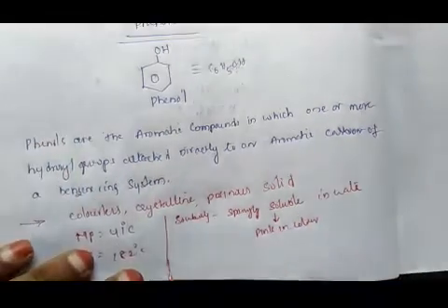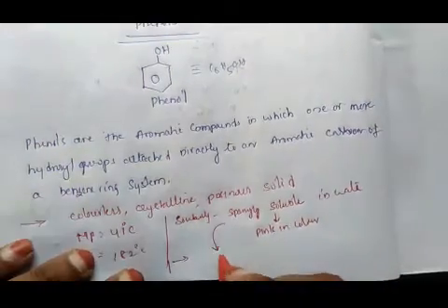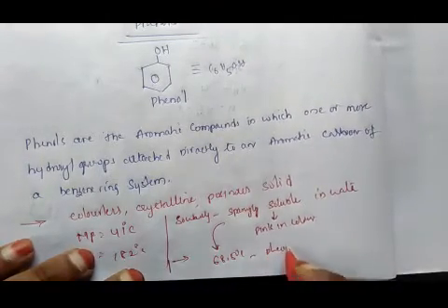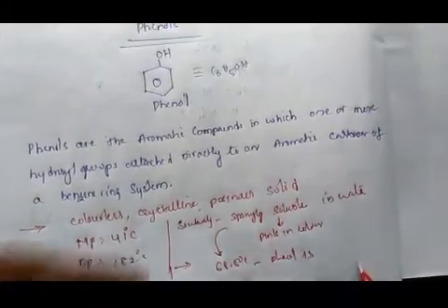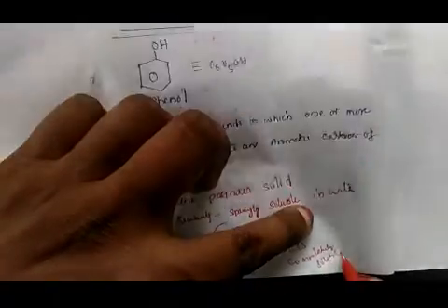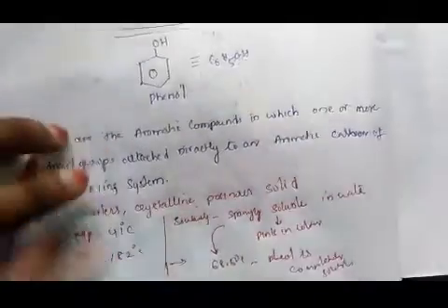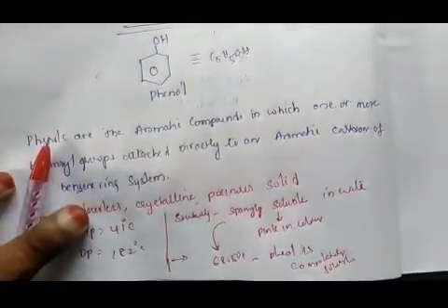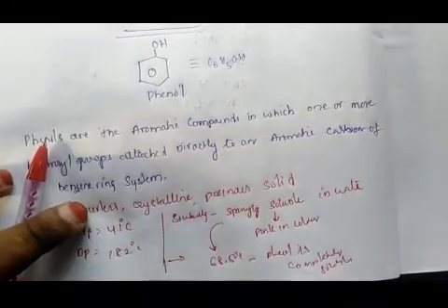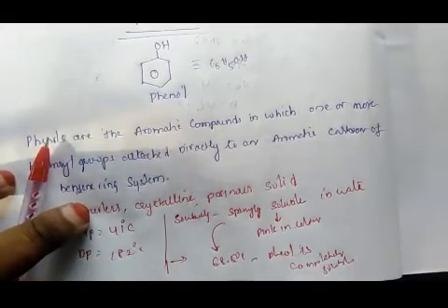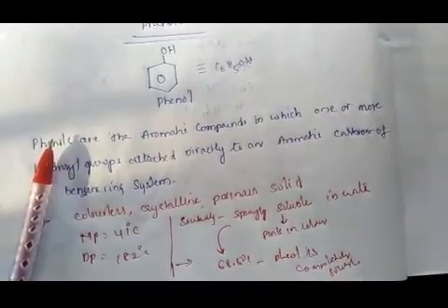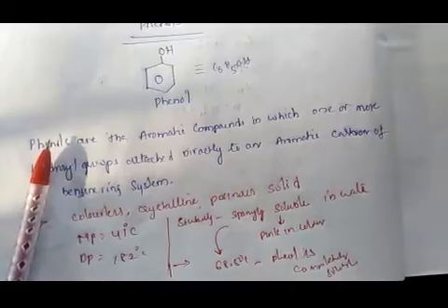If we heat this sparingly soluble solution to 68.5 degrees centigrade, the phenol is completely soluble. So to get a completely soluble solution of phenol, we have to heat it to 68.5 degrees centigrade. If you touch phenol, it causes blisters on the skin.